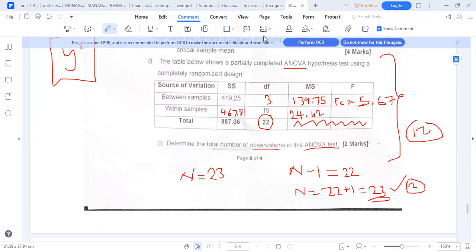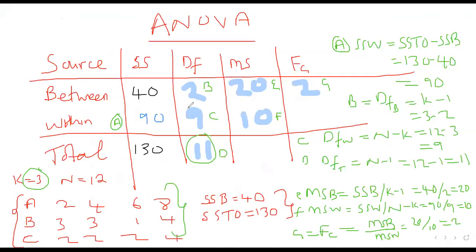You don't need this, this is just a guide. Sometimes they do not give you this. If there was a 3 there, that should be ABCD because there should have been 4.